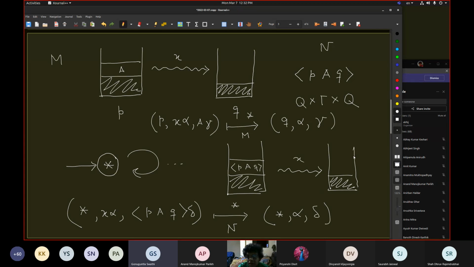So then, what should be the initial stack symbol, basically the initial bottom marker, for N?